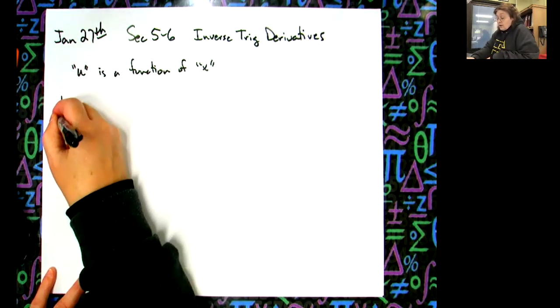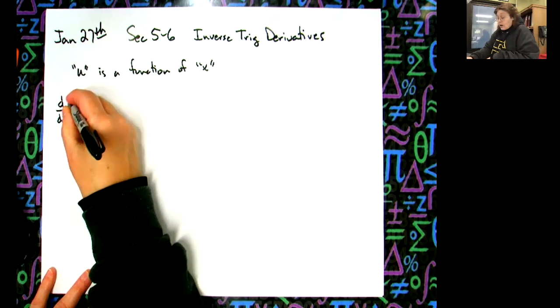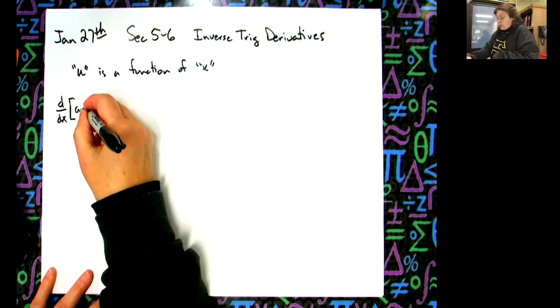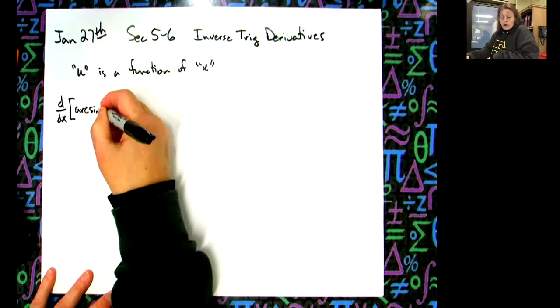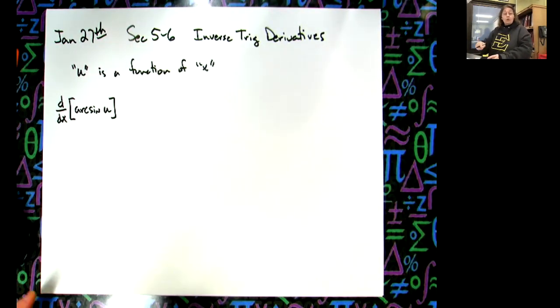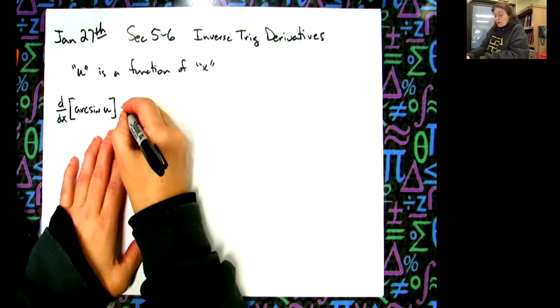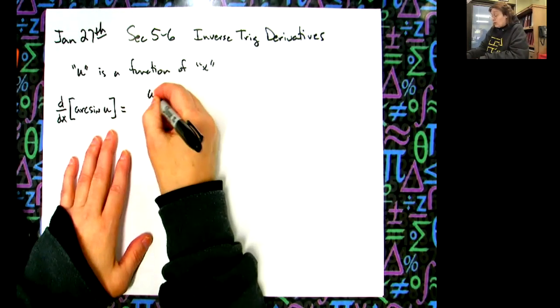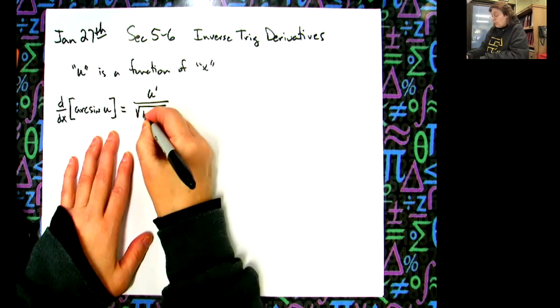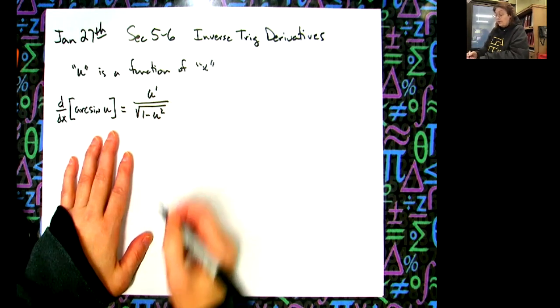So I'm going to say d/dx of, and your textbook uses inverse sine, or a lot of people will read this as arc sine, but that's the inverse sine of u, where u is a function of x. So it doesn't just have to be an x, it could be an x squared, it could be a 3x plus 1, whatever. The formula here is going to be u prime all over the square root of 1 minus u squared.